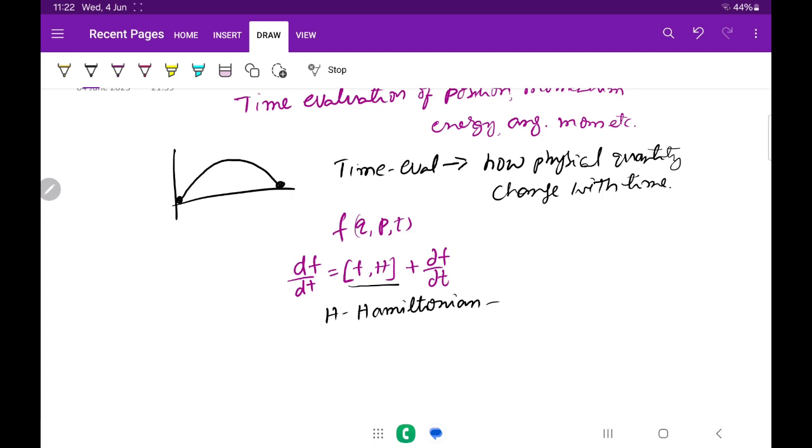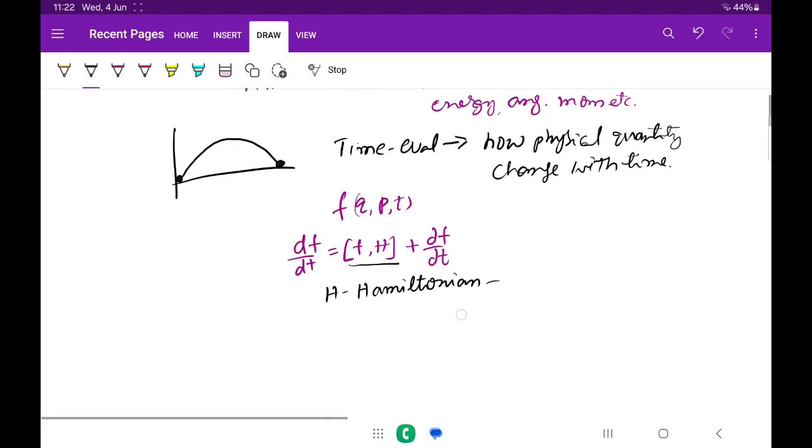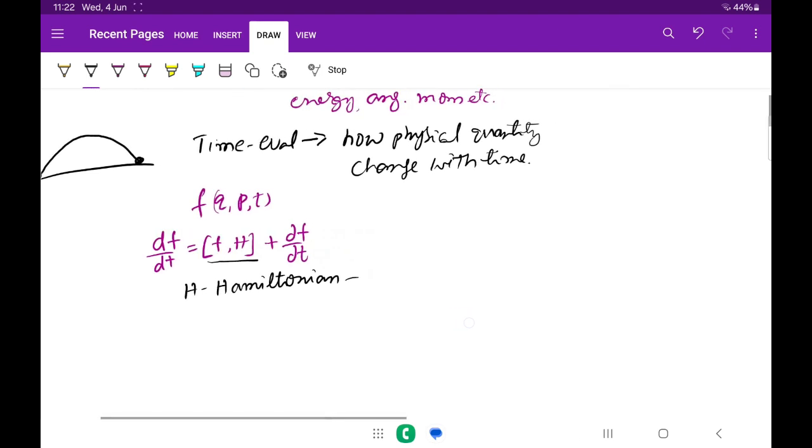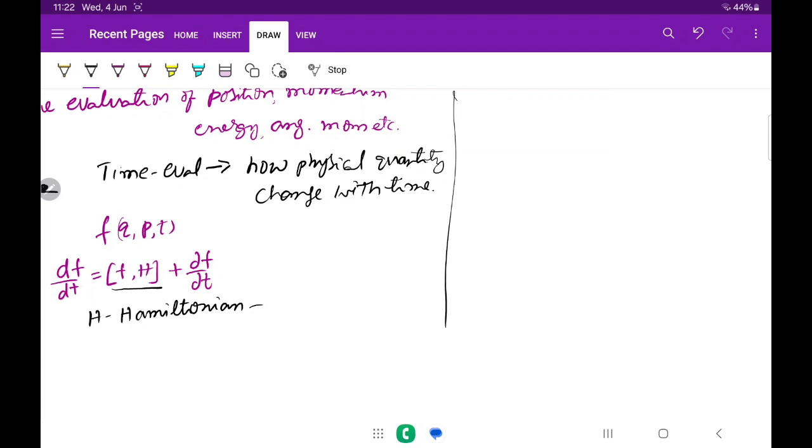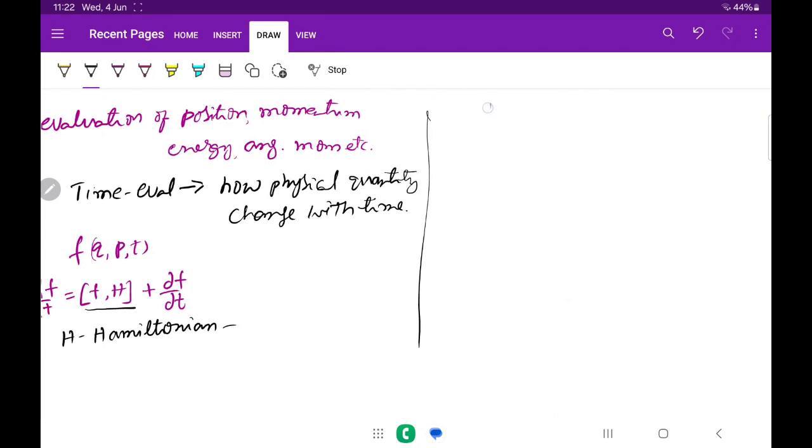So to describe time evolution systematically, we introduce a powerful mathematical tool called Poisson bracket. How can we define a Poisson bracket? Let us say there are two functions f and g, both depending on generalized quantities, position, momentum, and time.